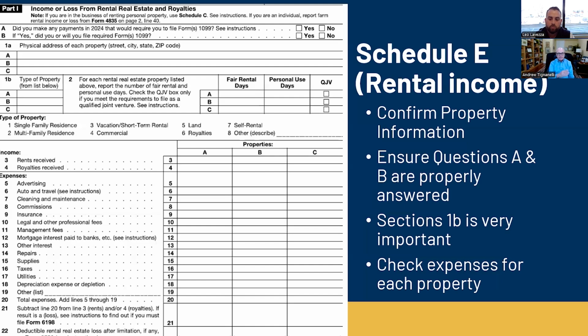And then it's going to feed over as to whether fair rental days, personal use days, and all that kind of stuff is applicable. So just look down, see what your incomes are, see what your deductions are, make sure that you've done the top right, and then it's the best you can do.